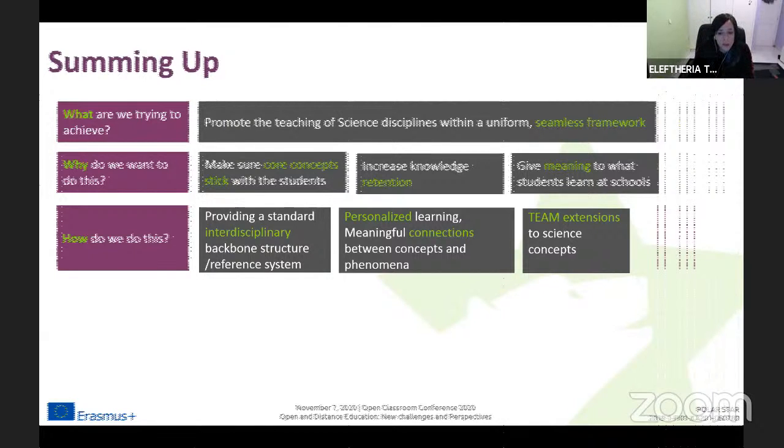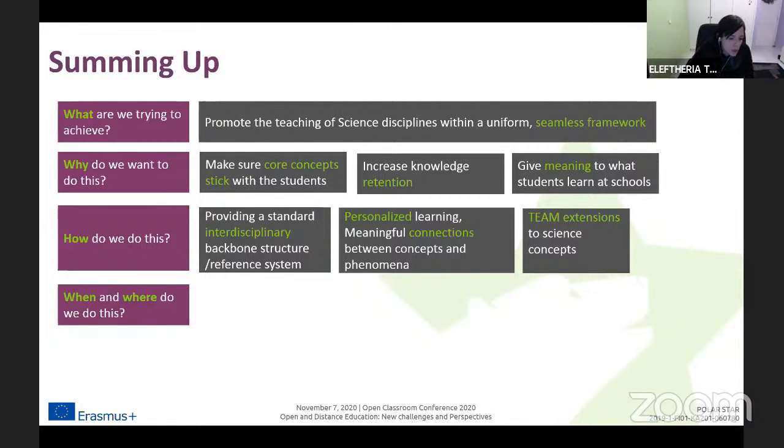And we're also doing it by connecting science directly to technology, engineering, arts, and mathematics through our methodology, not just through long-term projects, but also in everyday life.